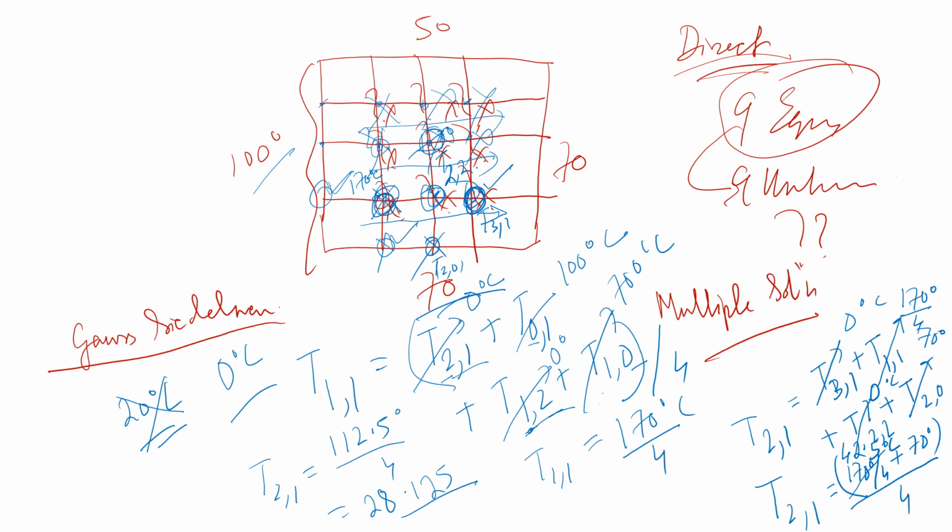Now you can see that after the first iteration is completed, this point, which we assumed to be 0 degrees centigrade, has come up after iteration. It was found that it is not 0, but it is 42.5 degrees centigrade.